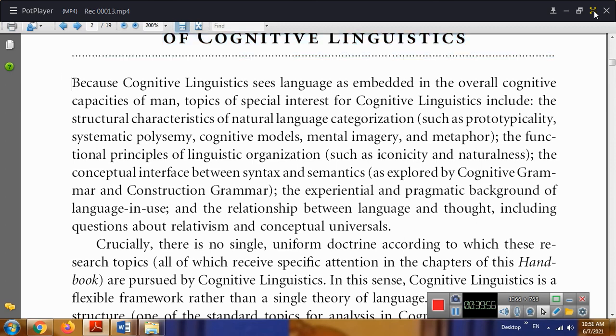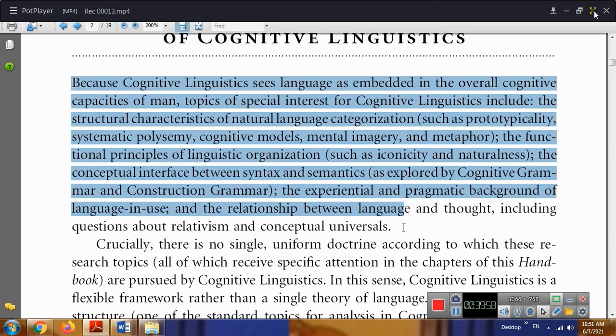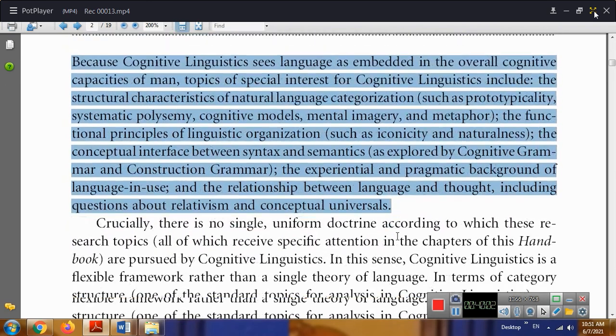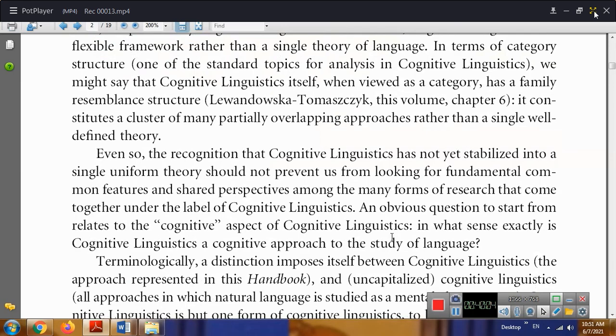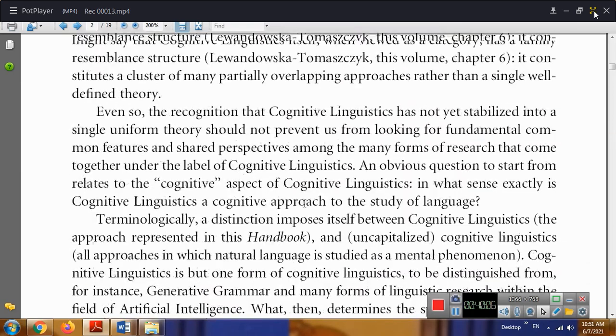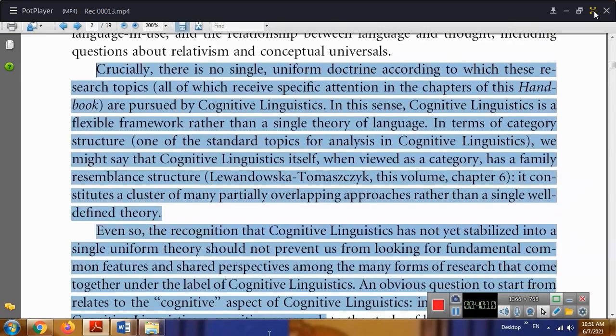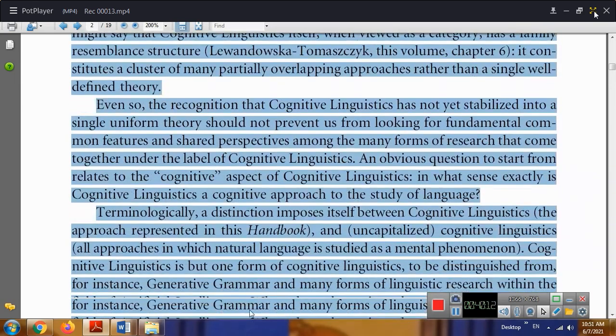Just read them. For example, here it gives us some information about the principle of cognitive linguistics that is important, and this paragraph is not important.